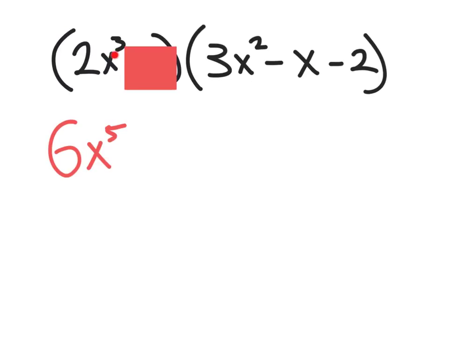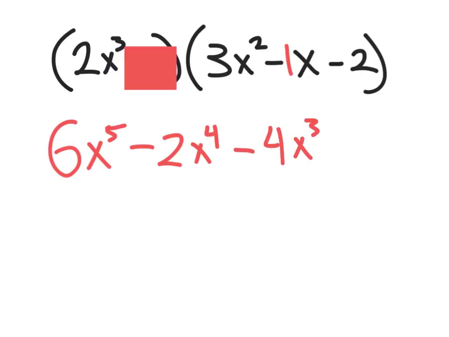Okay, and then we go 2x to the third times negative, and you could put a 1 right here if you want. What's 2x to the third times negative 1x? Negative 2x to the 4th power. Okay. And we still need to distribute the 2x to the third to the last one, minus 2. Negative 4x to the third.